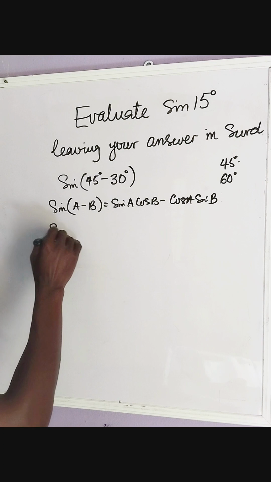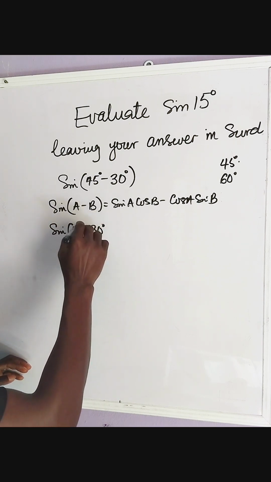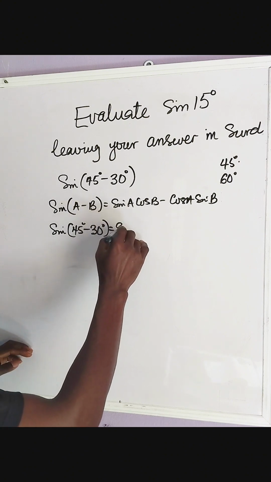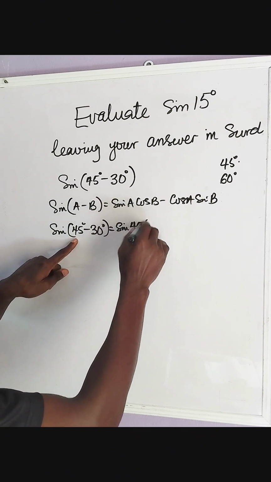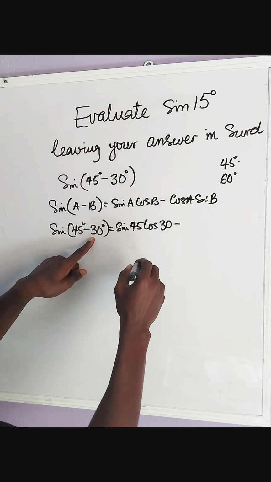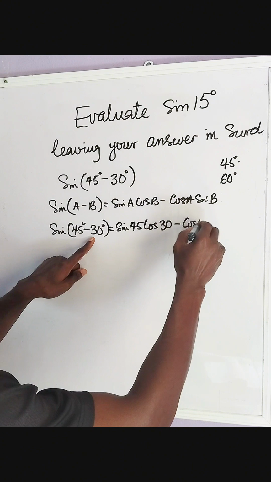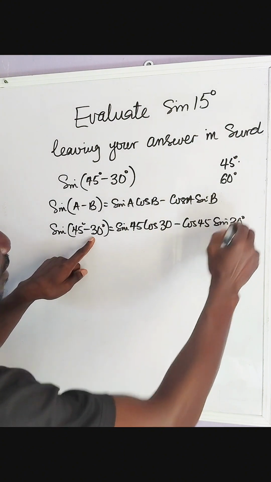So having introduced this, let us now employ this trigonometry identity. Here we have that sine (45 minus 30) will now give us sine 45, which is A, then cos B, which is cos 30, then minus cos A, that will be cos 45, and sine 30.